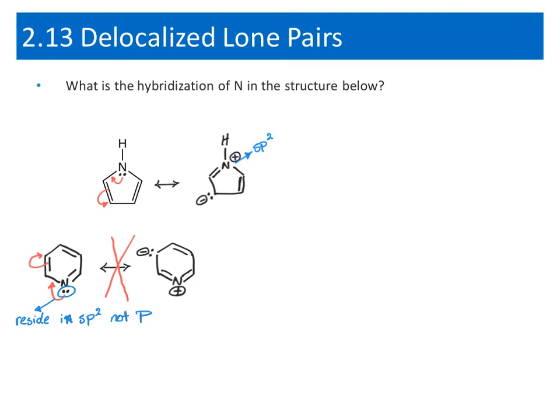All right, and we call that lone pair a localized lone pair of electrons. Okay, so since these electrons are not in p orbitals, they cannot contribute to resonance. So that resonance structure is completely incorrect.